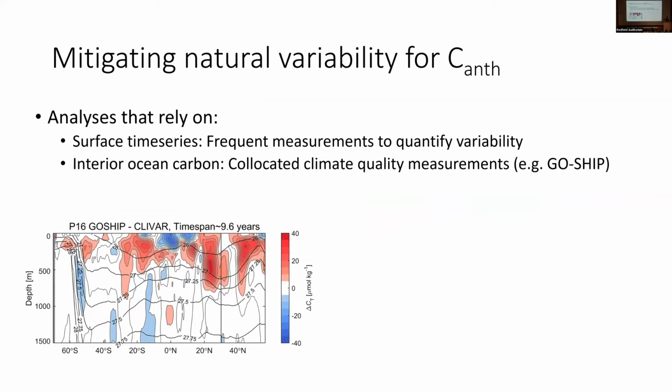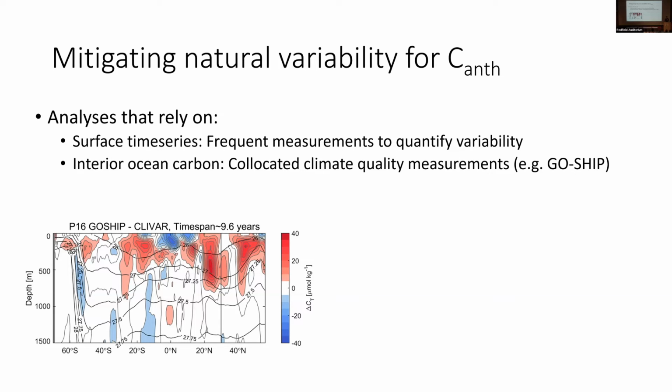I'd planned to explain all these, but I'm not going to. So we have ways of mitigating that natural variability. There's all kinds of clever things that we can do with well-resolved time series in the surface ocean, deseasonalization, and so on and so forth. In the interior ocean, we rely upon co-located measurements of a lot of different properties like temperature, salinity, oxygen. We can take that co-located information and start to look at how carbon is varying in relation to those other parameters.